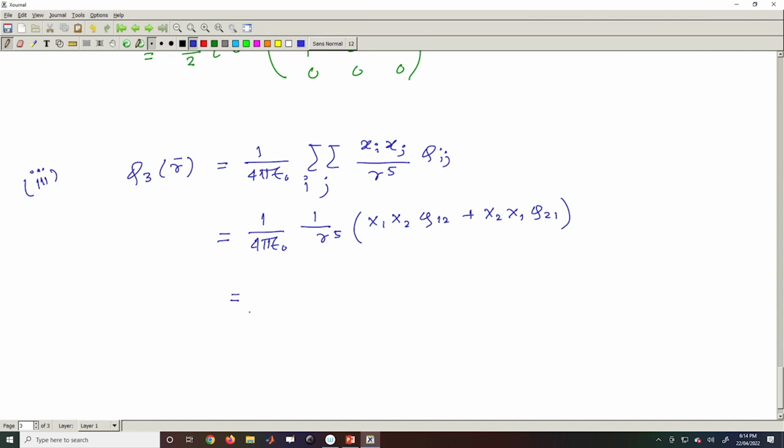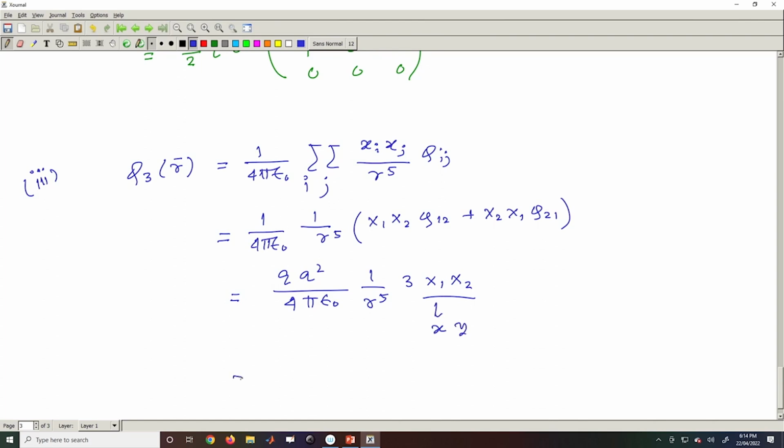Now, if I put this, it simply comes out to be q a square divided by 4 pi epsilon 0, 1 by r to the power of 5 and 3 x1 x2. So x1 x2 means it should be x and y.